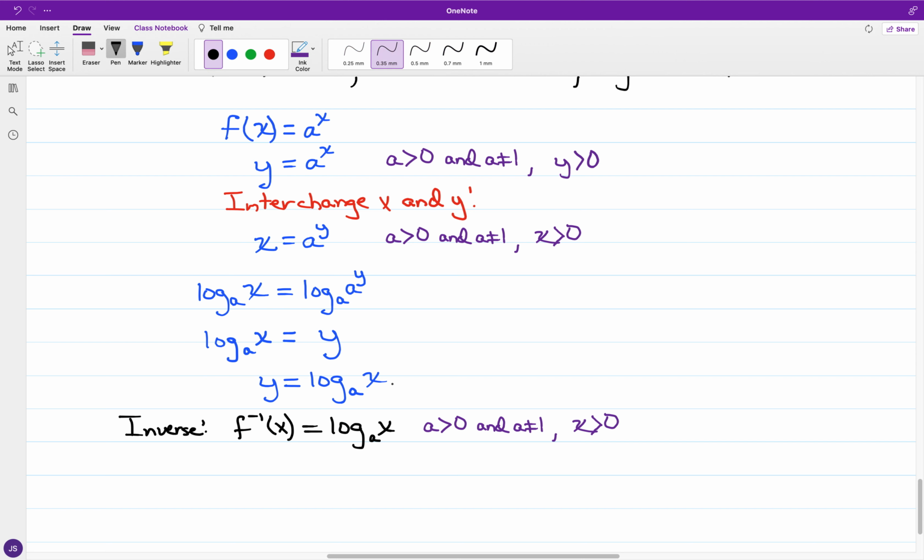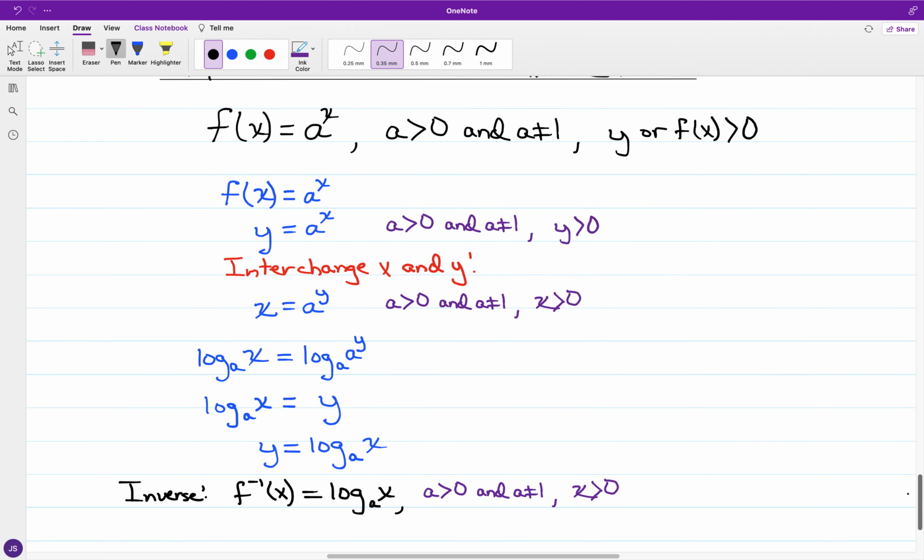So for the inverse, the base a logarithm of x, as both an exponential and logarithmic base, a is restricted to be positive with the exception of 1, and to comply with the inversion of y greater than 0, the logarithmic expression has to be such that x is greater than 0.